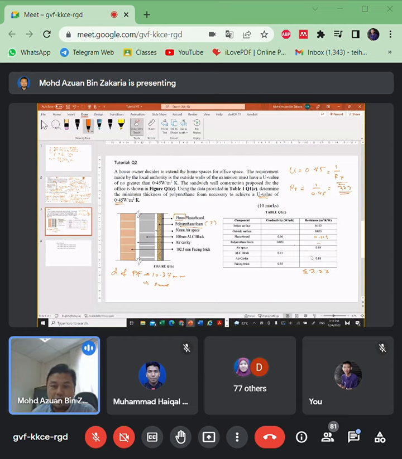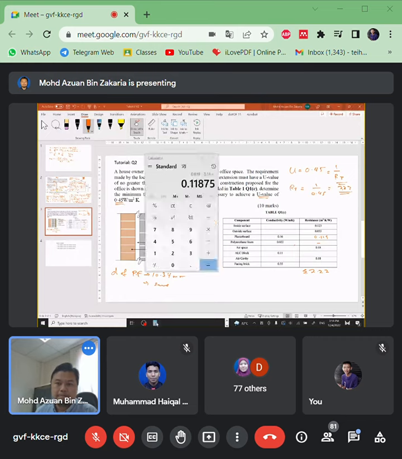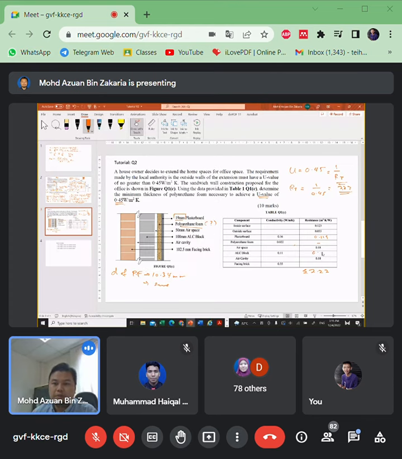Kemudian ALC block 100. 1.1 divided by 0.11. 0.909.